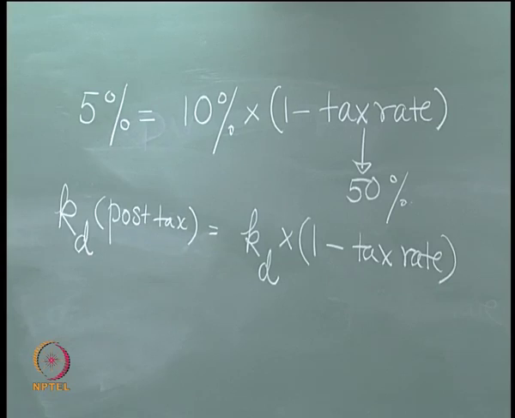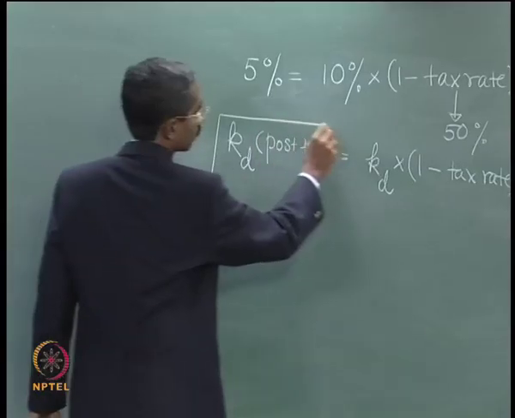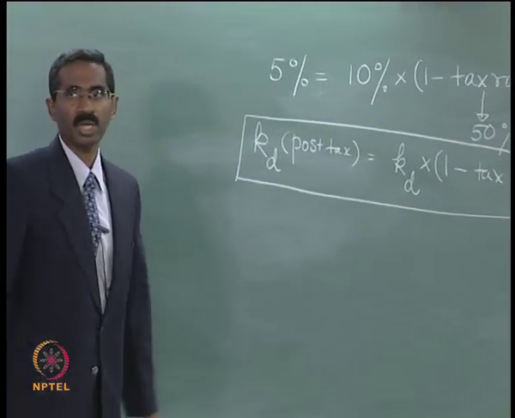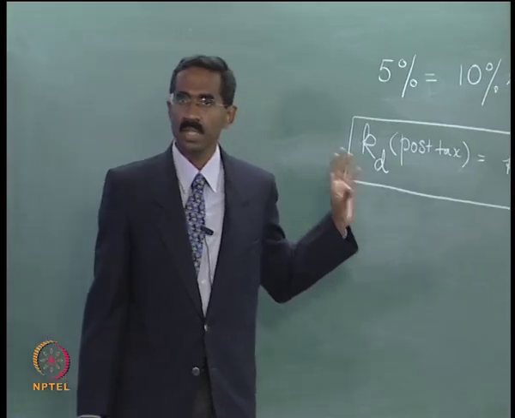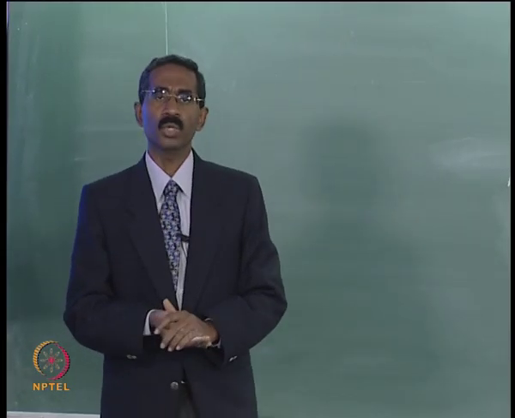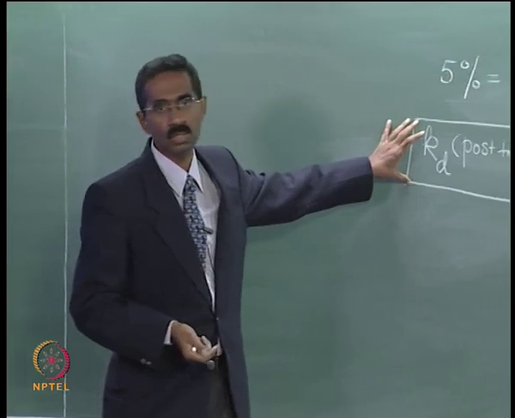So, whenever we are using the cost of debt, we should always account it on a post tax cost of debt. So, yes, cost of debt is nothing but the interest that is paid, but because the interest enjoys a certain amount of tax shields, we use the post tax cost of debt.